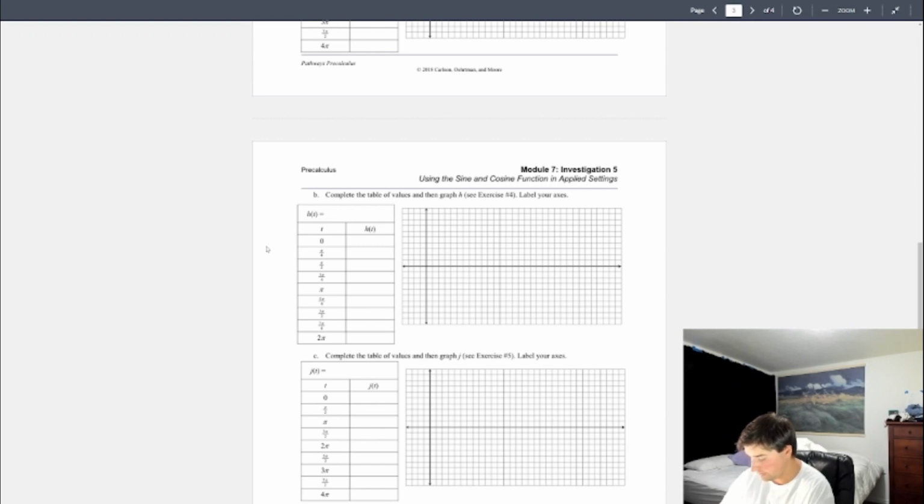Oh, I have to do this again. H of t. So sine of 0 is just 0.